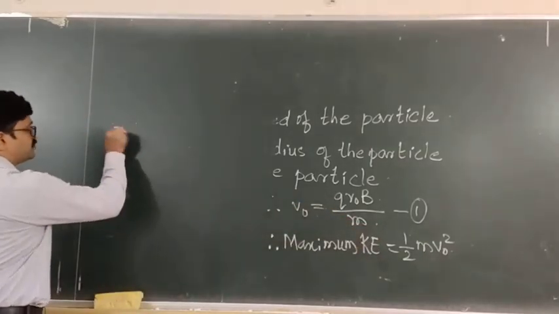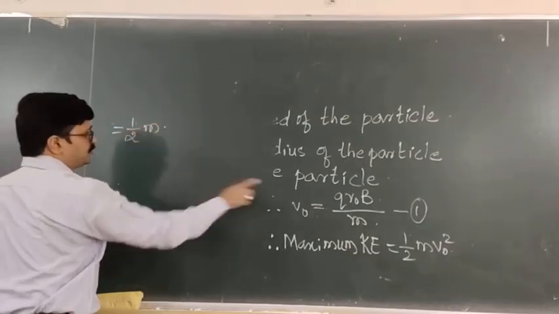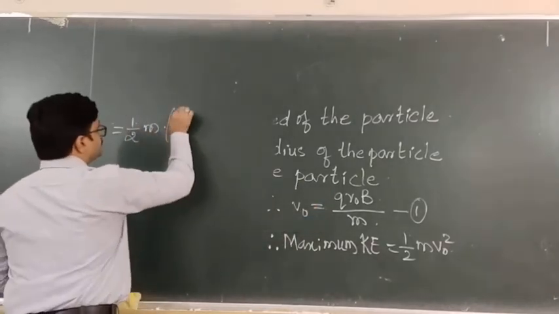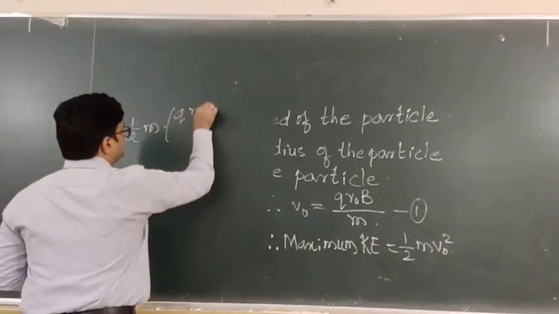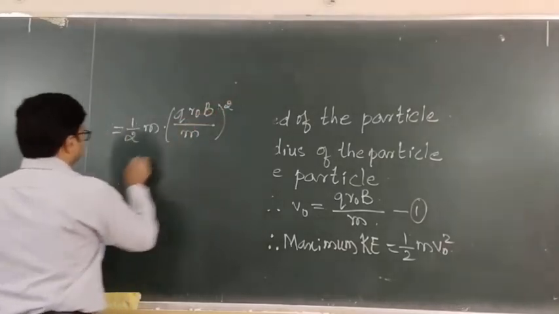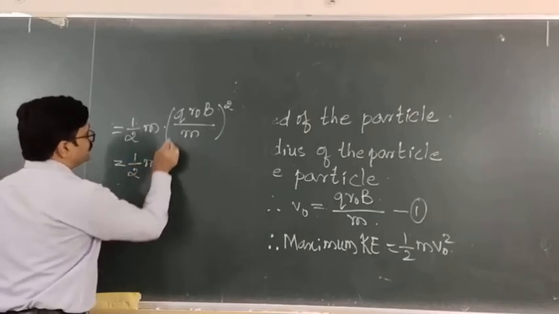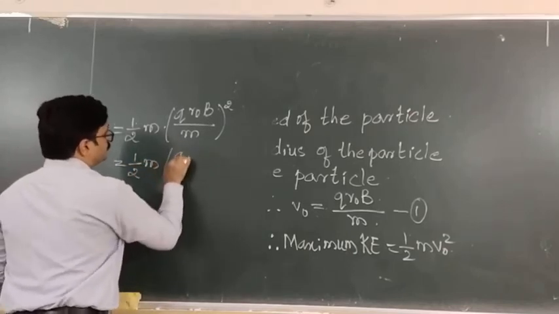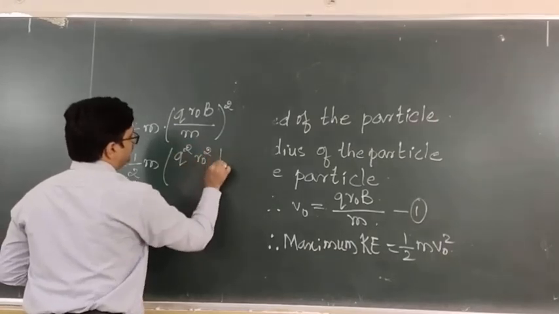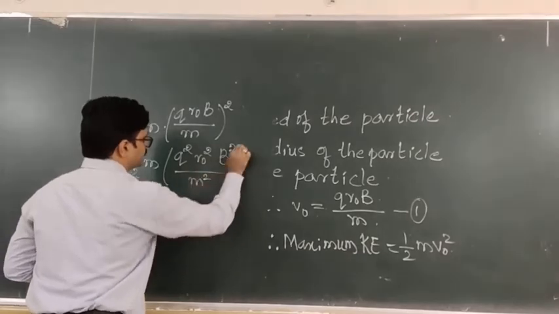So this is equal to half m into qR0B divided by m, whole square, which is equal to half m into q square R0 square into B square divided by m square here.